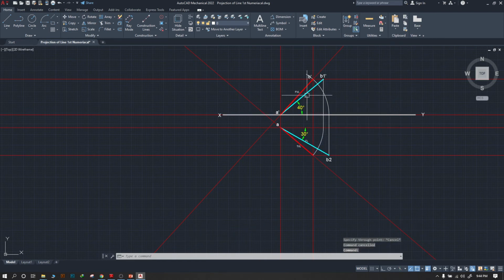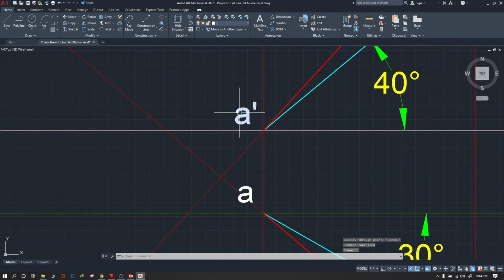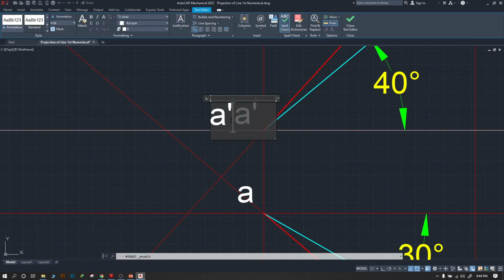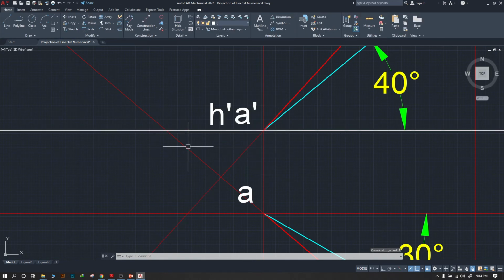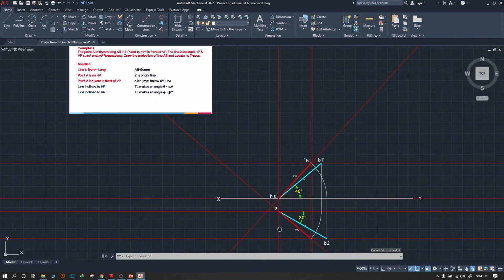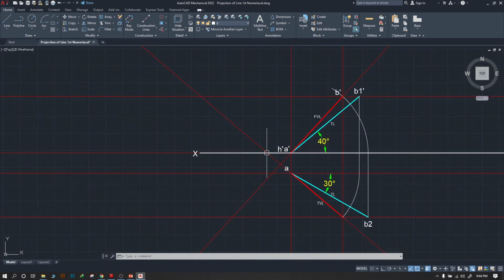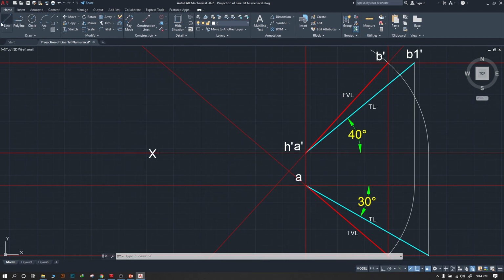Okay, so here we know that h dash and a dash are at the same location. Okay, and when the top view length is extended to the xy line, we got the v point. So here we got the v point.